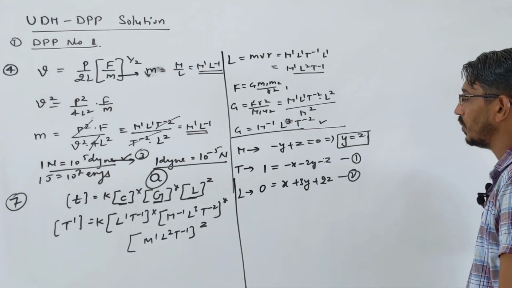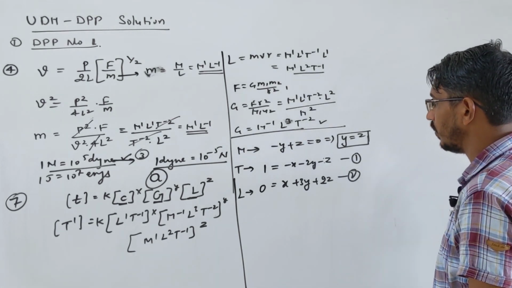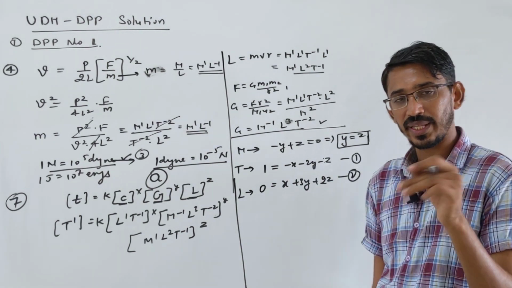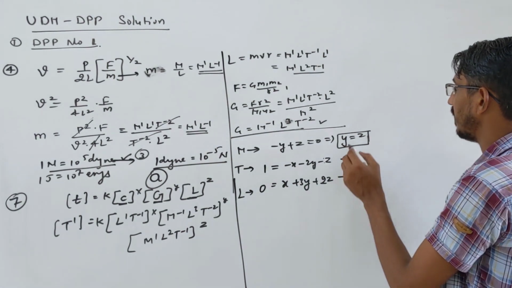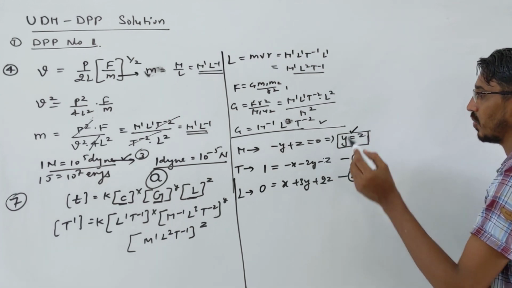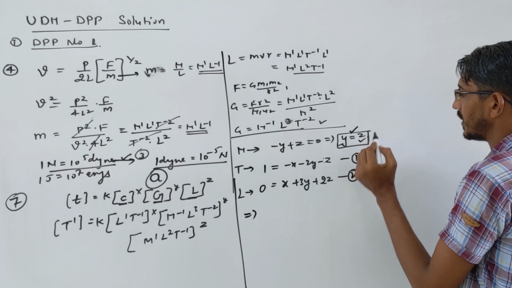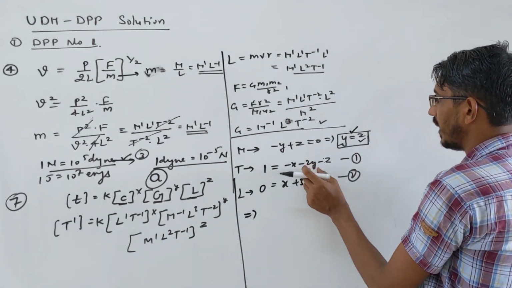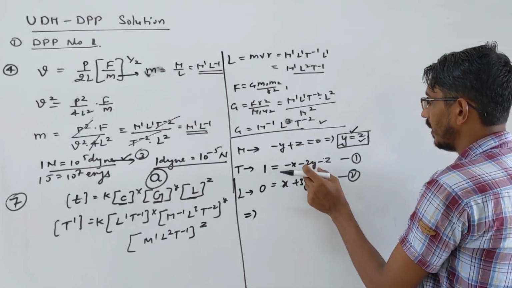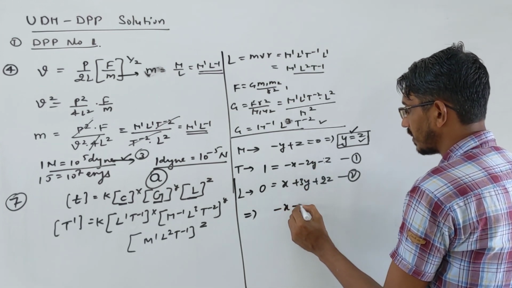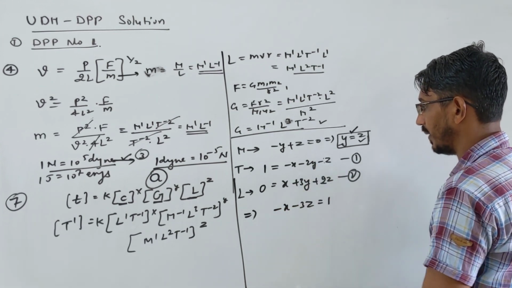Okay. So first what we can do, because there are 3 variables here, all 3 unknown, let's reduce them into 2 variables. You can replace either y is equal to z or z is equal to y, one thing. Let's replace it here. I am replacing y is equal to z, suppose. So I am putting y here as z. What do I get? This becomes 2z plus 1z, so it becomes minus x minus 3z is equal to 1.